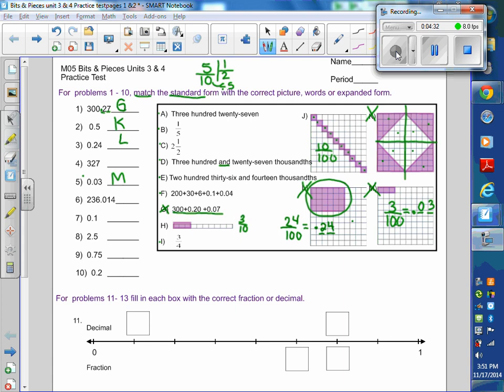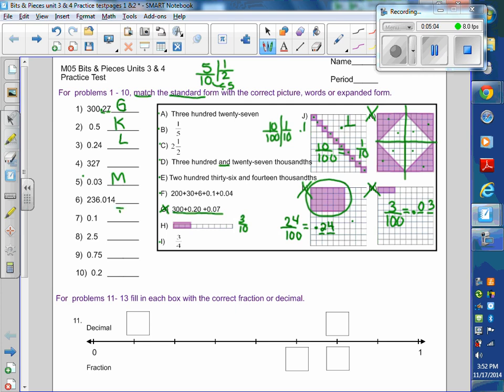And then this 10 out of 100, that's the same as 1 out of 10, which is also 1/10. So I don't know if you can see that on the video, 1/10. In other words, 10 out of 100 reduces down to 1 out of 10, and that decimal is just 0.1. So that's number 7.